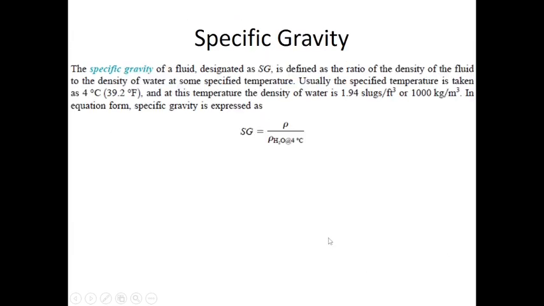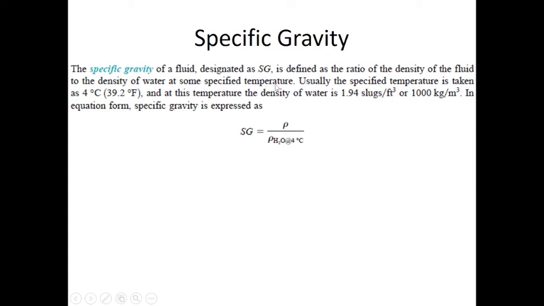And then, specific gravity naman. When we talk about specific gravity of a fluid, designated by SG, defined as the ratio of density of the fluid to the density of water at some specified temperature.